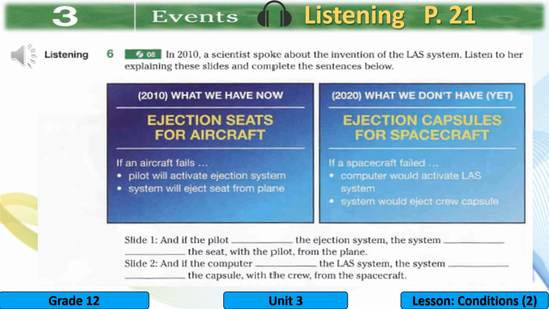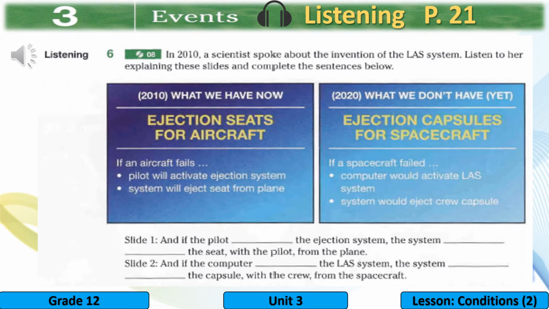Unit 3, Recording 8. As the Challenger disaster showed. So now I'd like to tell you about our dream for the future of space travel. A future that will make safety a reality for our astronauts. I'm talking about an ejection system for astronauts. If you look at the first slide, this describes the reality we have today. We have ejection seats today, but only for aircraft.